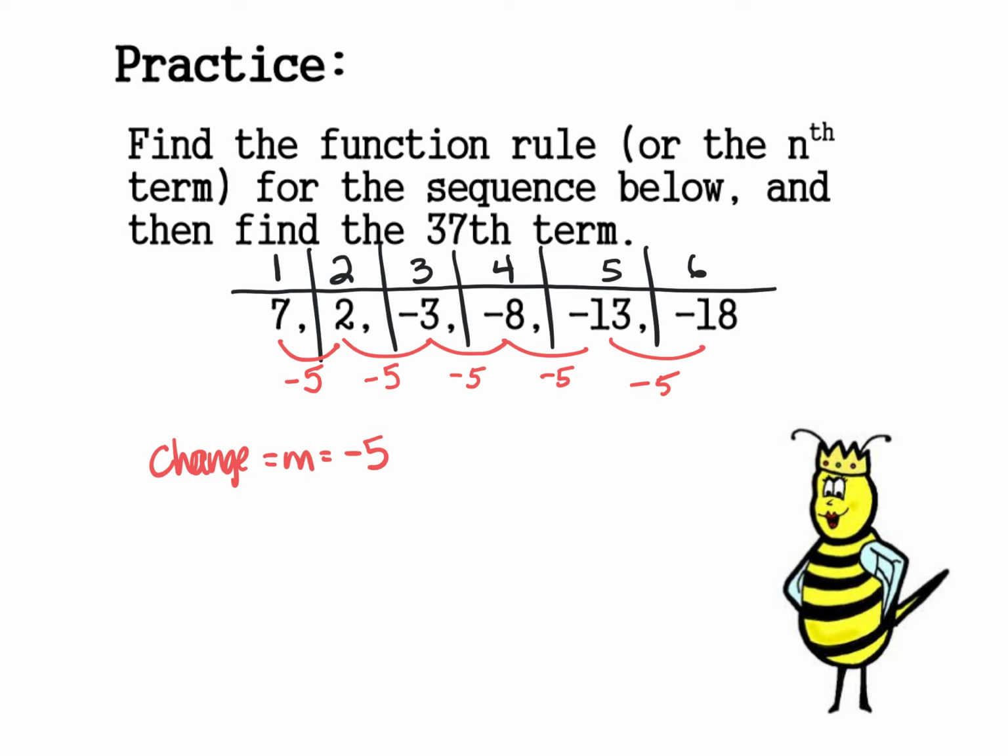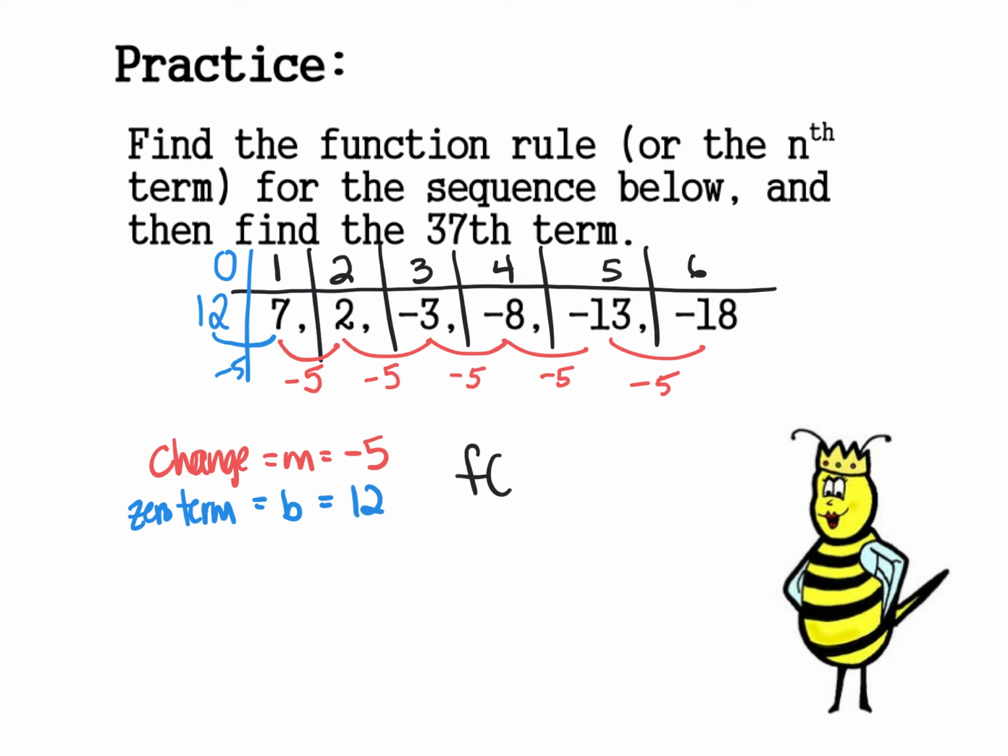Okay, now I need to work backwards to find the 0 term. So I want to know what number did I take away 5 from to get 7? Or reverse it: 7 plus 5 gives me 12. So my 0 term, which is my b value, is equal to 12.